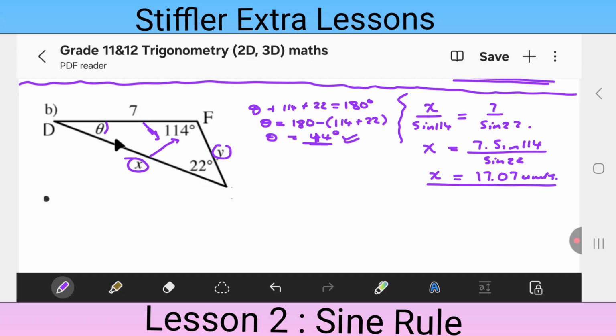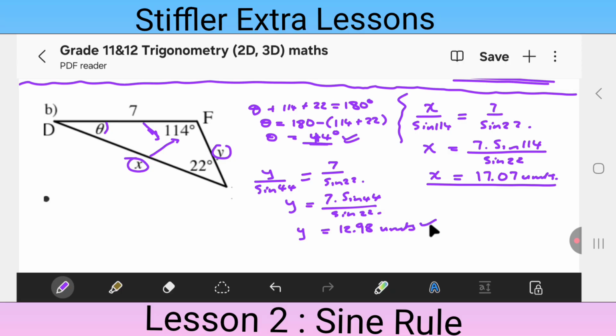So you can see that our y is opposite to this angle, so it means that our y over sine of theta, which theta is 44, is equivalent to our 7 over sine of 22, which makes our y being equals to 7 multiplied by sine of 44 all over sine of 22, which makes our y being equal to 12.98 units, just like that. Let's move to our next question.